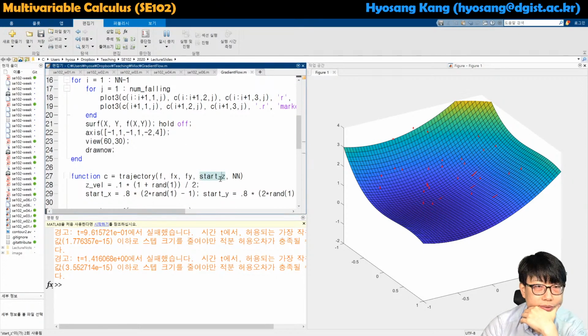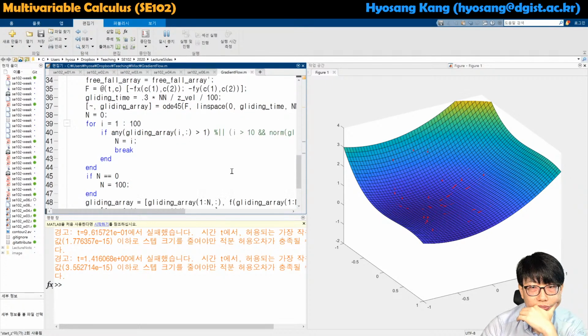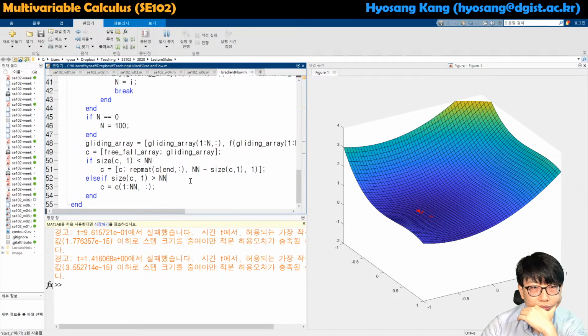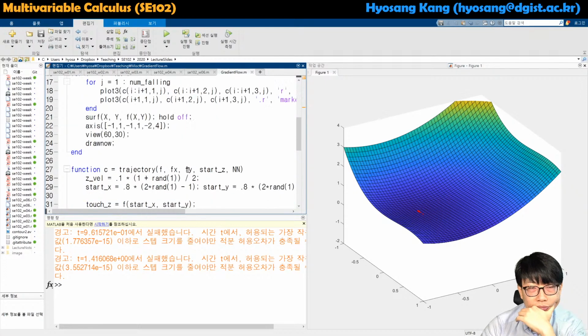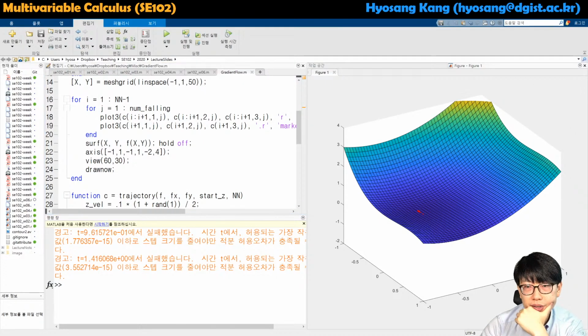What does it look like? Can anyone guess?